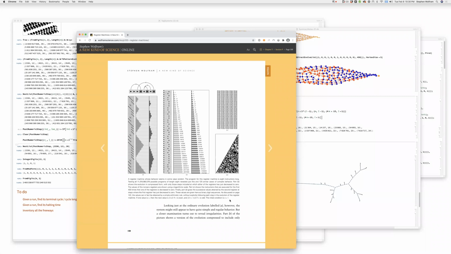Oh, that's interesting. So this is the 3n plus 1 problem implemented with a trivial register machine.